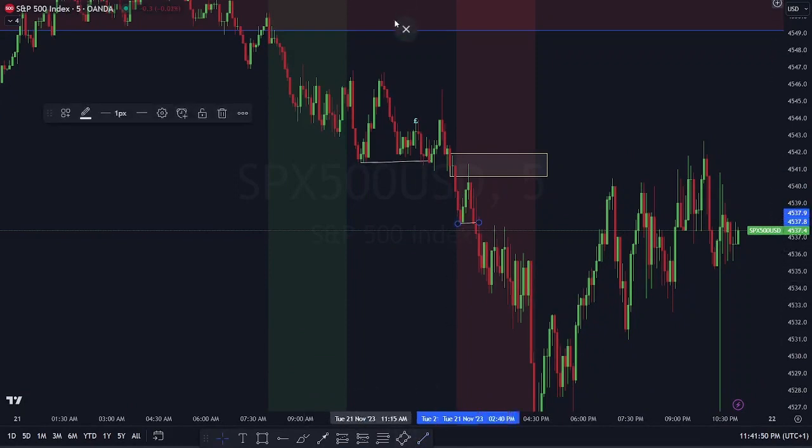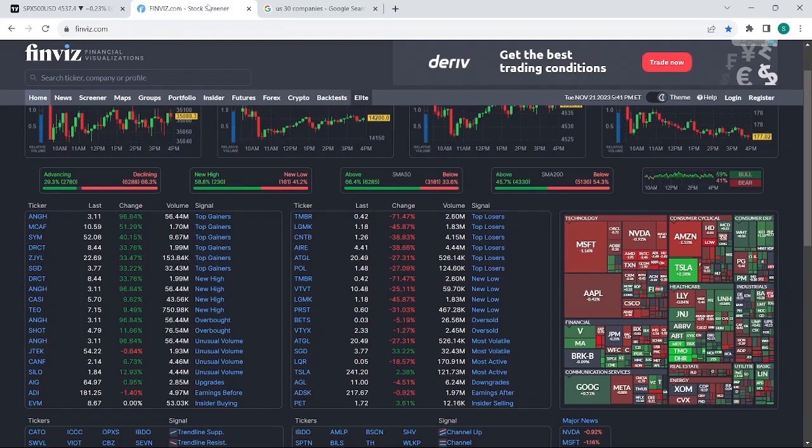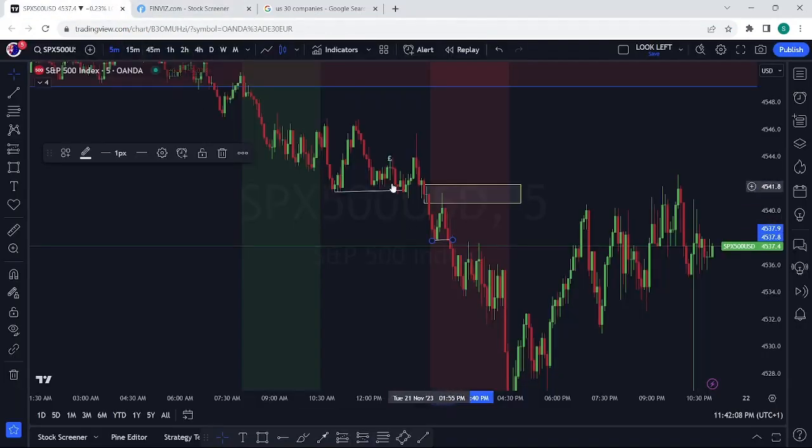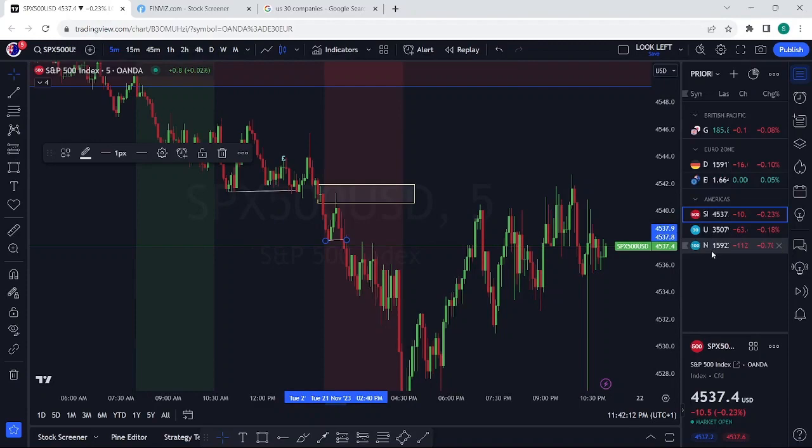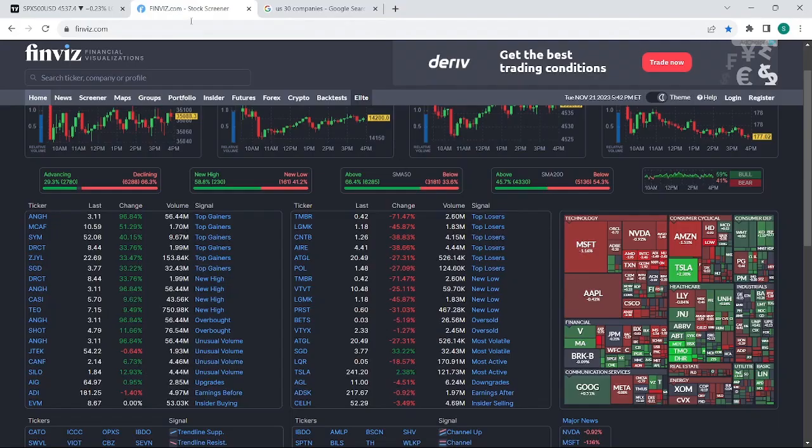So before I trade my indices, I usually go here to check where the market is headed. If they are all red, then I'll be looking for sells on the SPX, US30 or Nasdaq. But if they are all green, then I will be looking for buy setups.